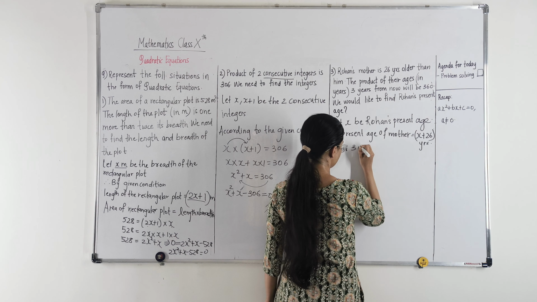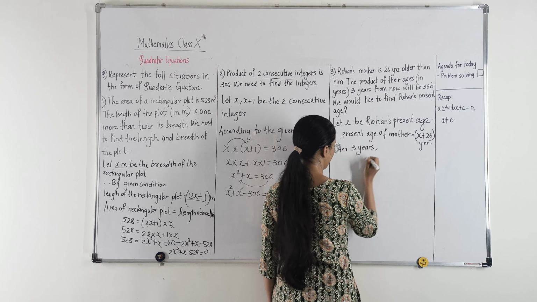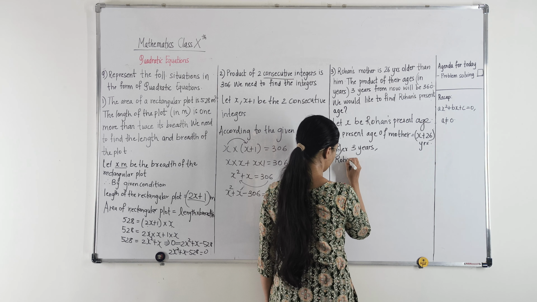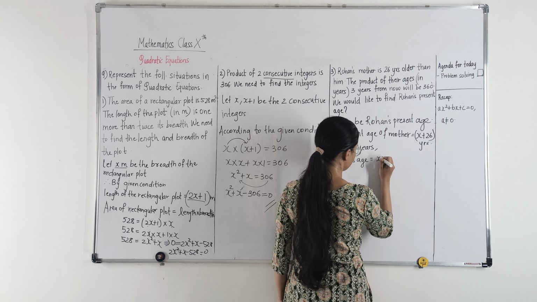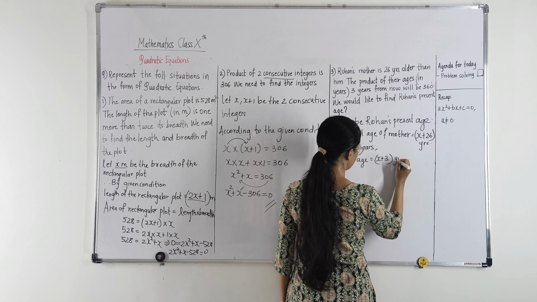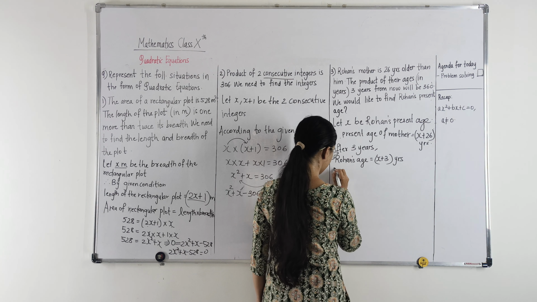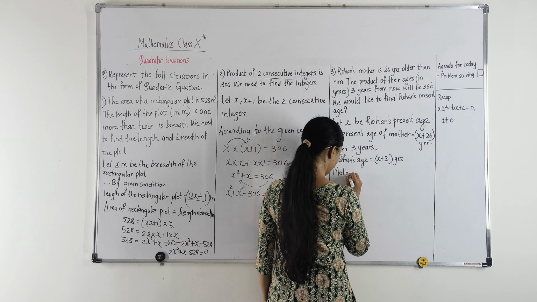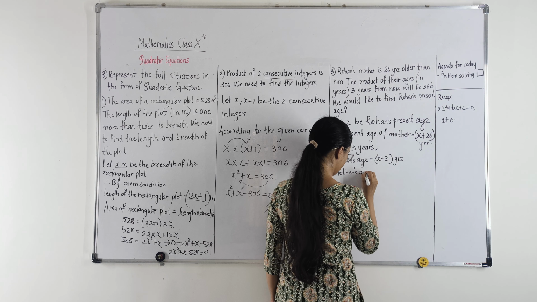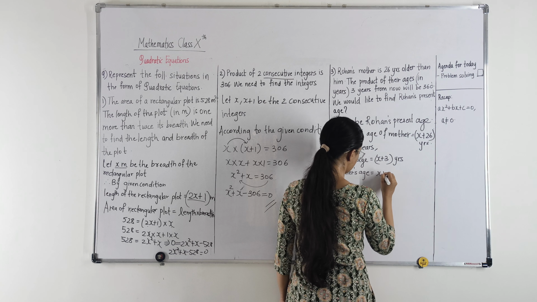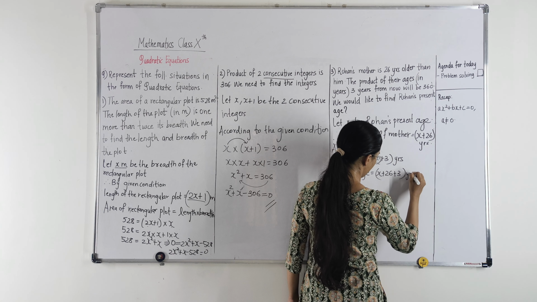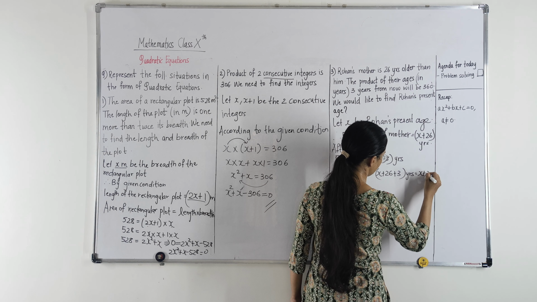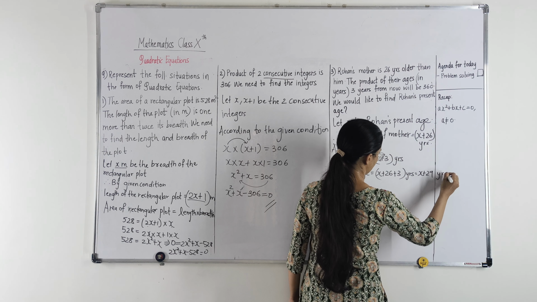So after 3 years, Rohan's age would be x plus 3 years and mother's age would be x plus 26 plus 3 years, which is basically x plus 29 years.